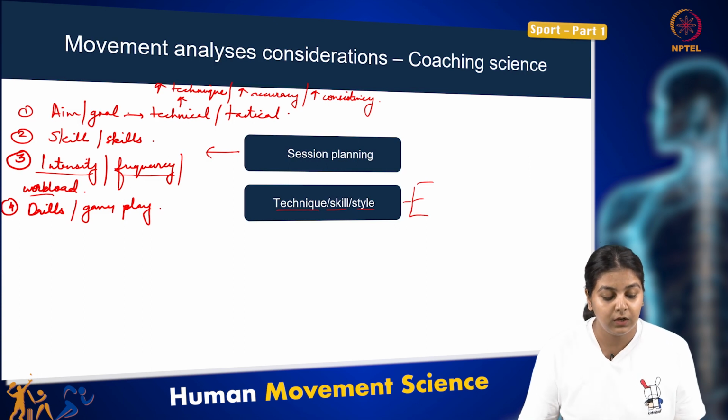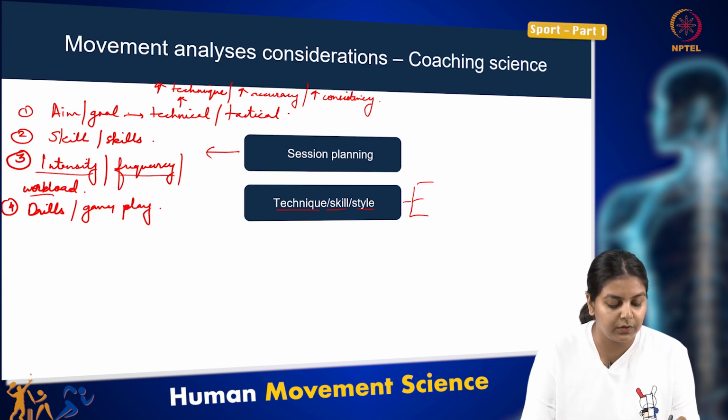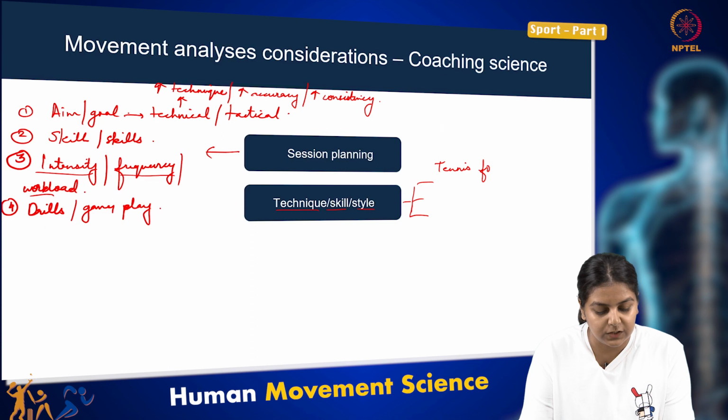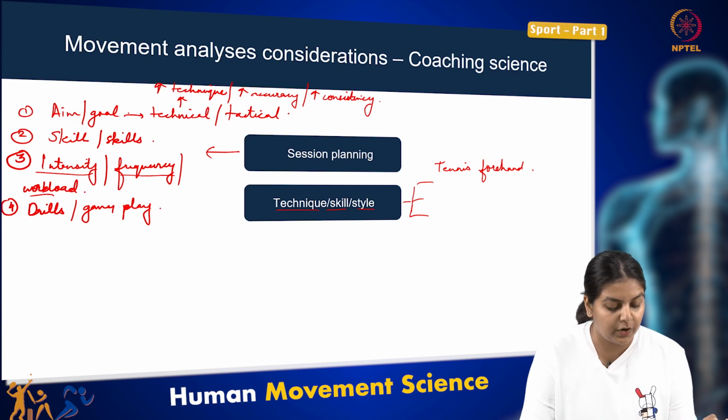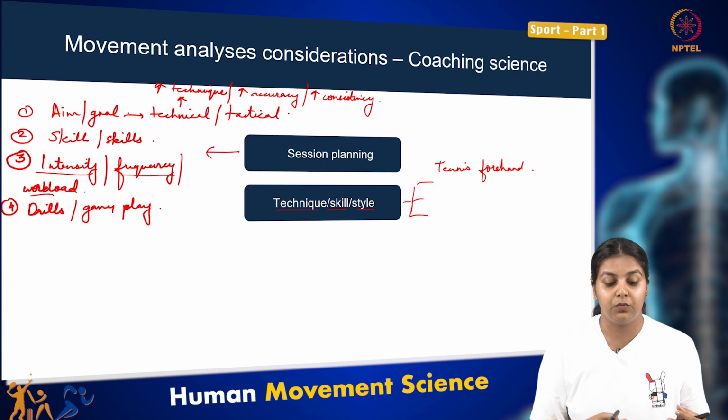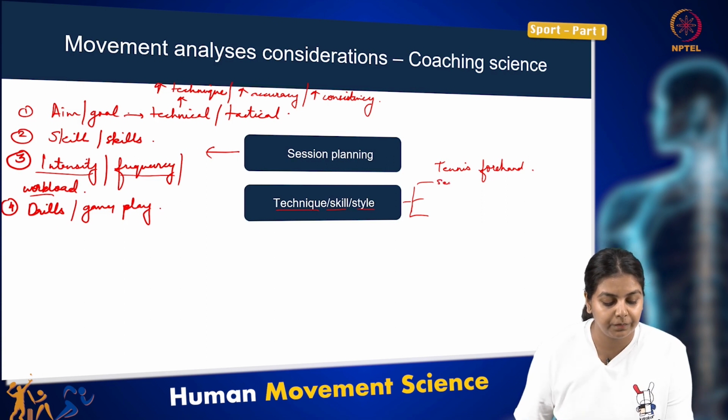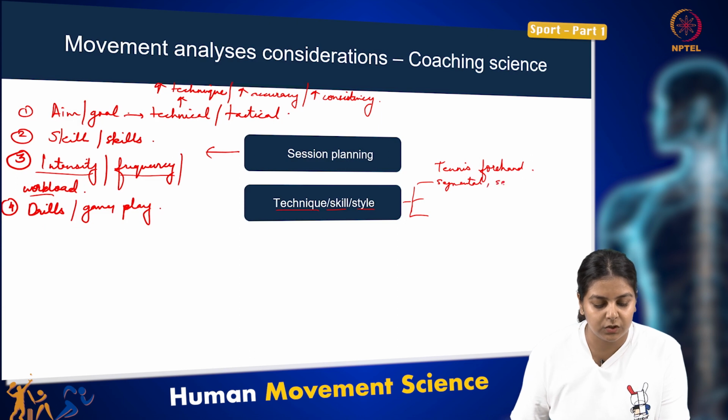So for example, let's take an example of a tennis forehand. As you can see, tennis is my sport, so we keep coming back to the same example. If you're hitting a tennis forehand, what would be your technique? Your technique would be segmental, sequential interaction.